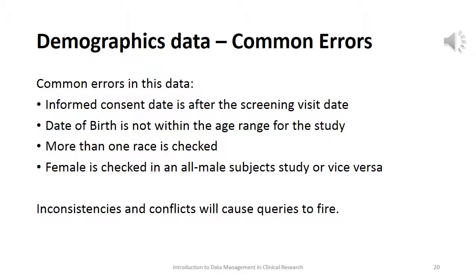We may have more than one race checked. Usually for most clinical trials, we want to check only one race for a patient. We may have female checked in an all-male subjects study or vice versa. So these are some common errors that we may find among the demographics data.